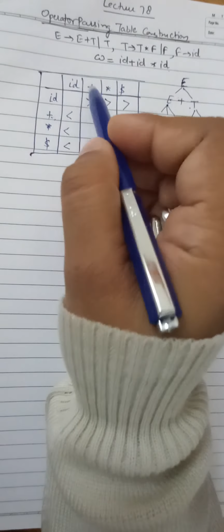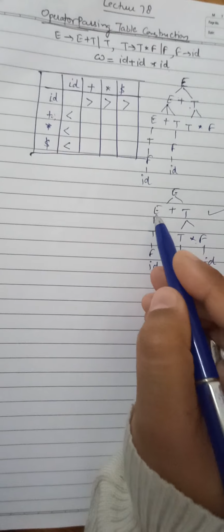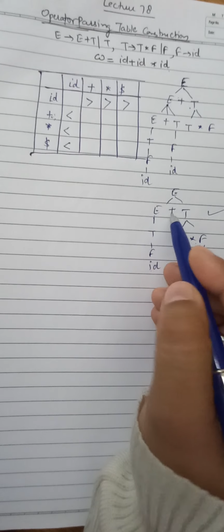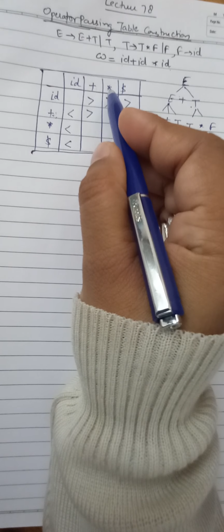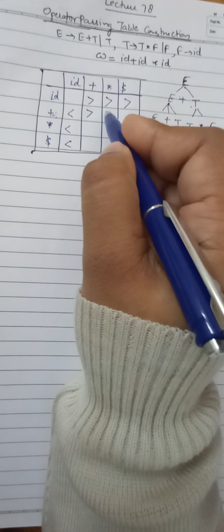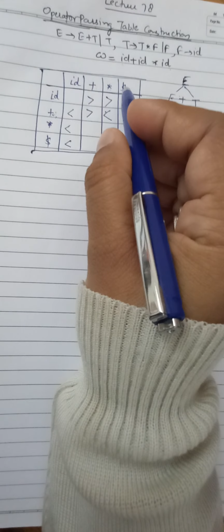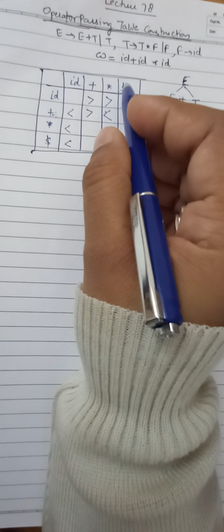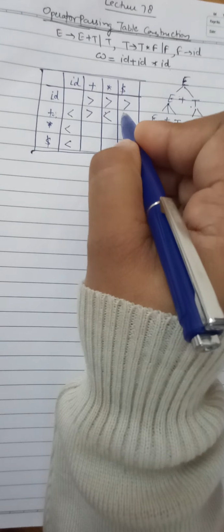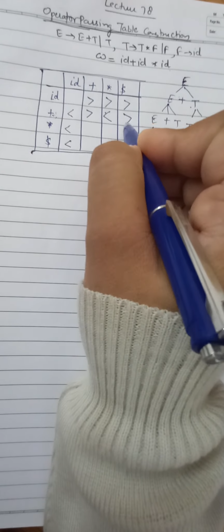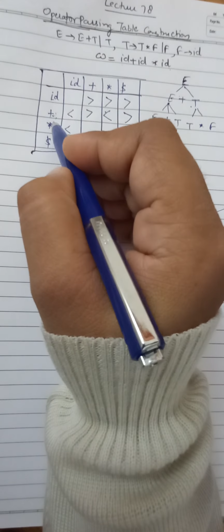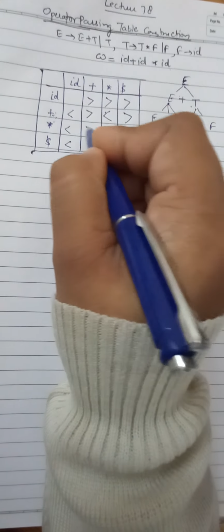Now see, both are equal, but it is from left to right, so it has higher priority, and multiplication has higher priority than the plus symbol, so plus has less precedence than multiplication. Dollar always has less, so this is greater than this, and multiplication is always greater than plus, so greater than.